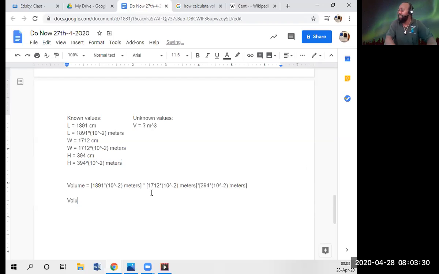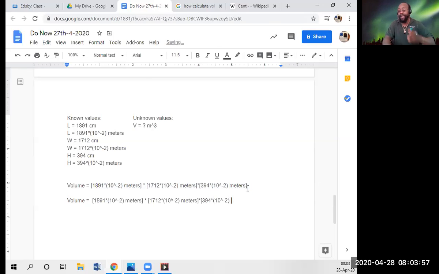Volume is going to be equal to, I'm just going to put the numbers, I'm going to take some of these meters and stuff out and leave it with what's actually there when you calculate it. So when you put that in Google, it'll just populate. So I'm going to take this entire part, it's already got the equal sign, and I'm going to plug it here. I'm going to remove all the meters because I'm going to put 1 meter outside of all of these.